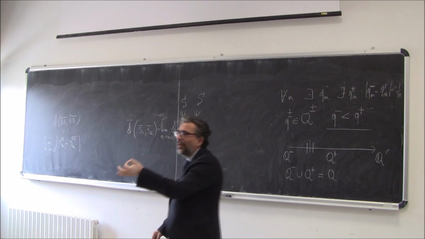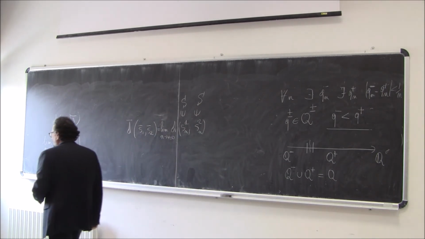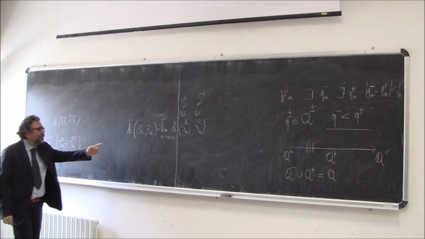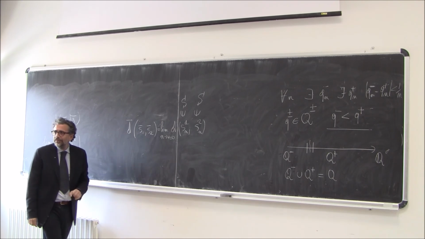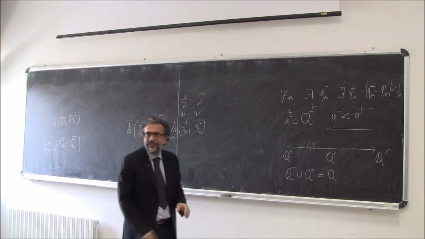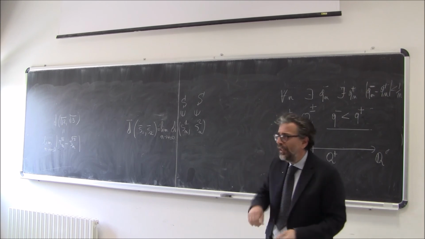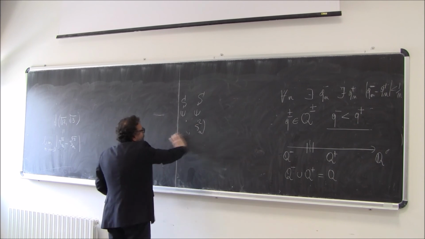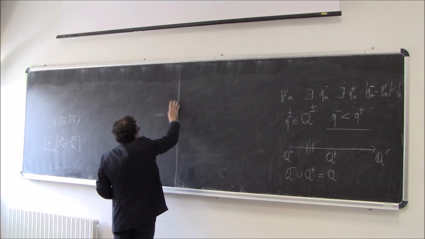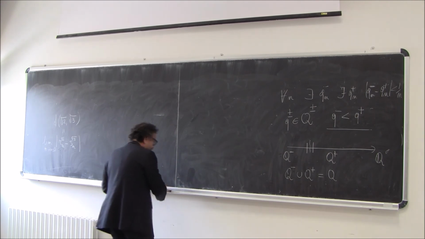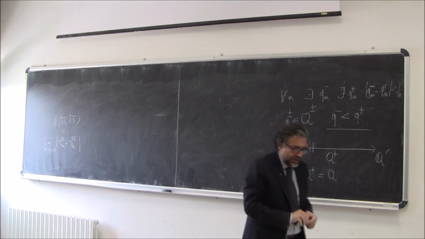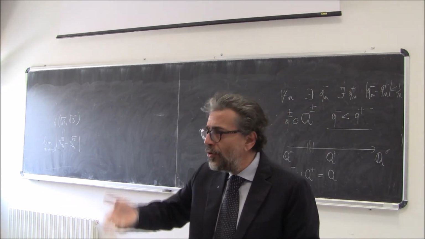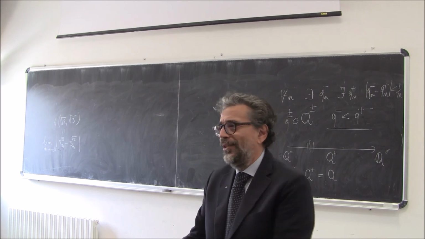Now there is the tricky part of the demonstration. S bar is complete. This is very tricky. Okay? So I simply give you a hint. Then I ask you to go and read the demonstration. It is part of the exercise to find in the book where the demonstration is, but it's very easy.